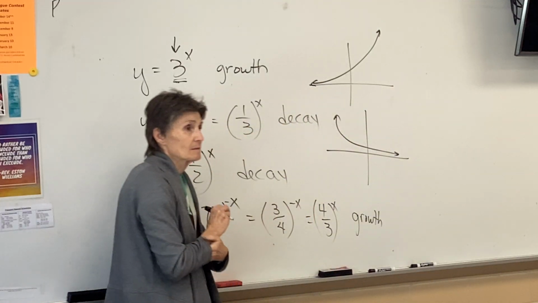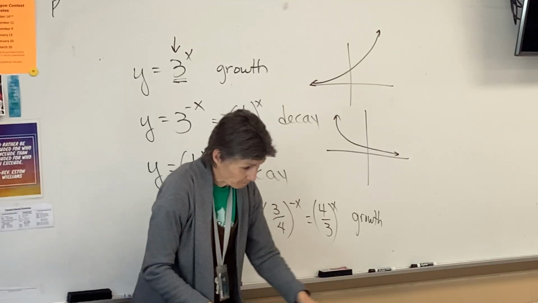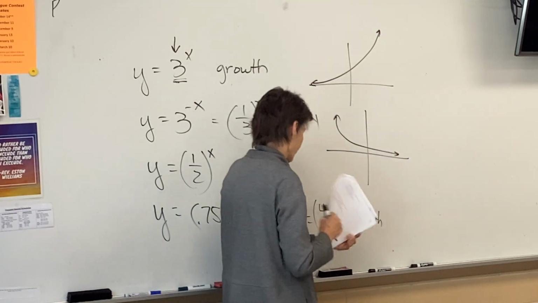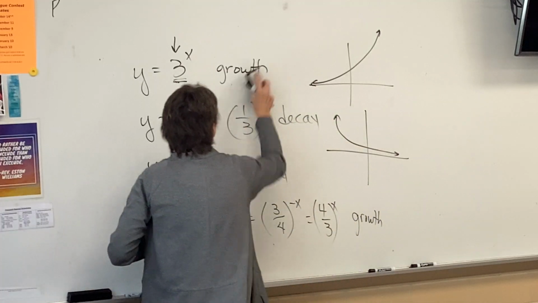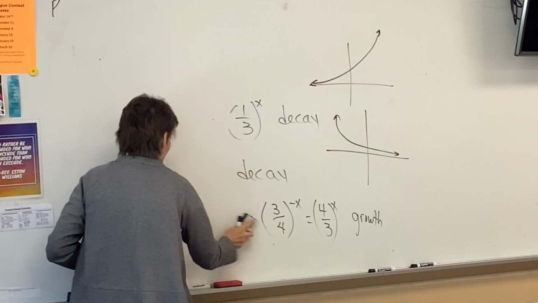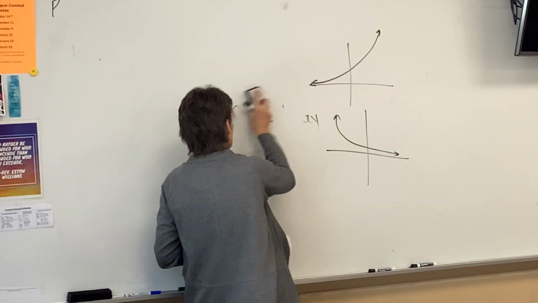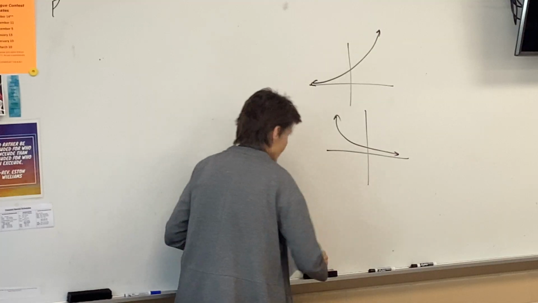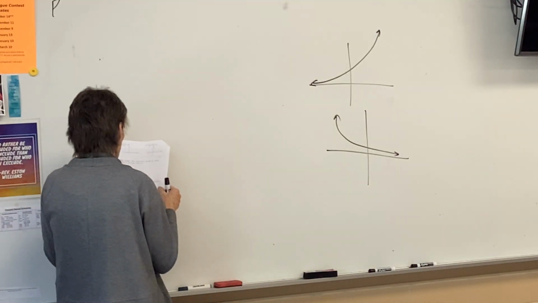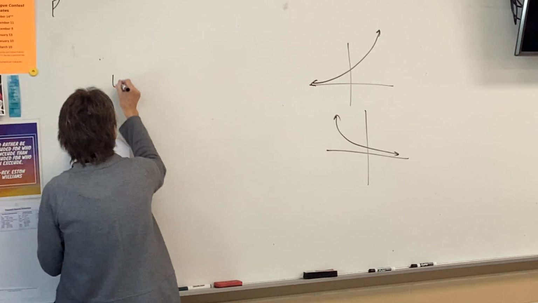Looks like that. Decay. Get it straight. So bottom line is growth has a base bigger than 1, decay has a base less than 1. Next, find the y-intercept and horizontal asymptotes.